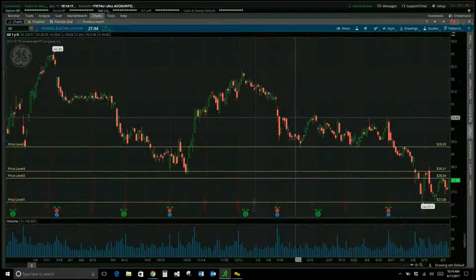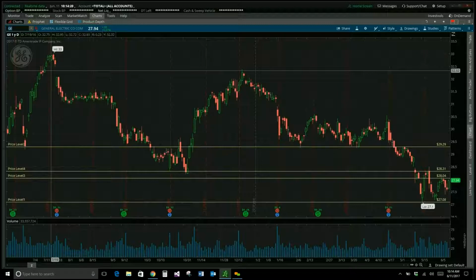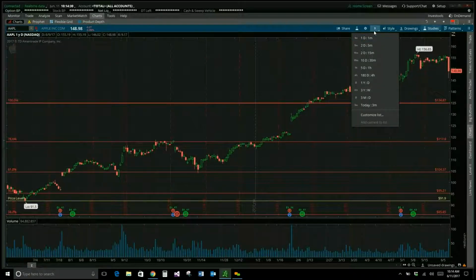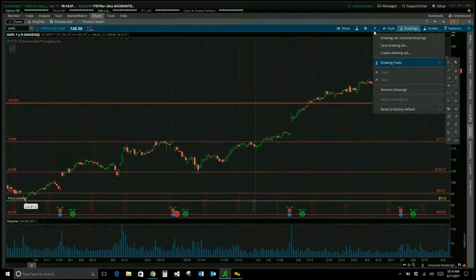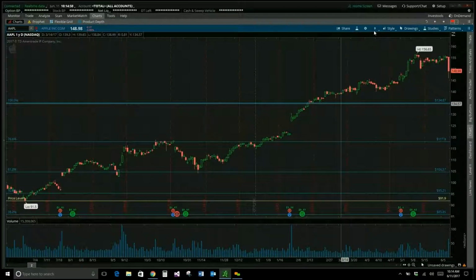The other thing I'm going to show you, maybe a different one where it has a little bit more of a trend. Let's see. Apple has a little bit more of a trend right here. You can see it's trending. I had previously drawn a Fibonacci on this one, and it's no longer valid because it already broke out from that.